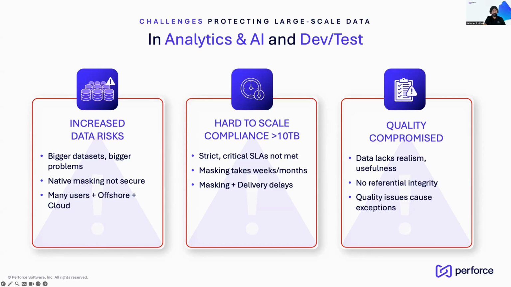So given all this risk, there is a rising need to protect this data. However, misguided compliance efforts like manual or native masking can be time consuming and bottleneck your analytics efforts, slowing down your SLAs. Attempts to protect petabytes of data at scale slow things down.